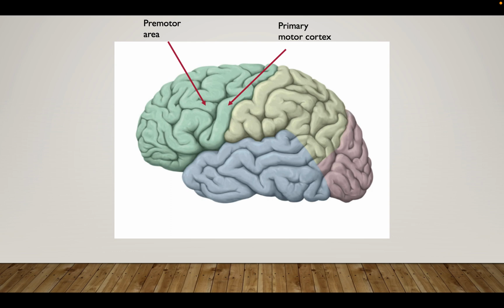If you damage your premotor area, just in front of your precentral gyrus and your primary motor cortex, maybe you would not be able to perform a skill or a task or an activity that had, prior to your injury, been very routine. Maybe you were a very good piano player, you knew how to play the piano, and you had an accident, and now you can't remember how to play the piano.